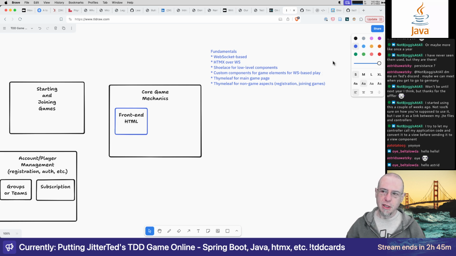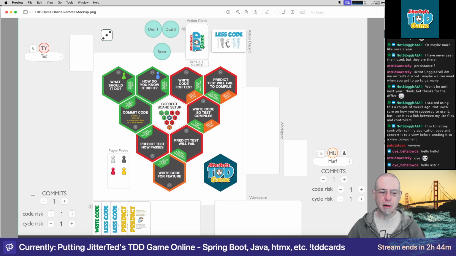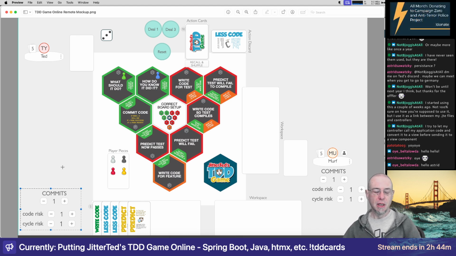Because the other thing is there's just not a lot. There are some pieces where there's data inside of some kind of element, like here, keeping track of the commits and the risk. Those will probably use pretty much basic components.